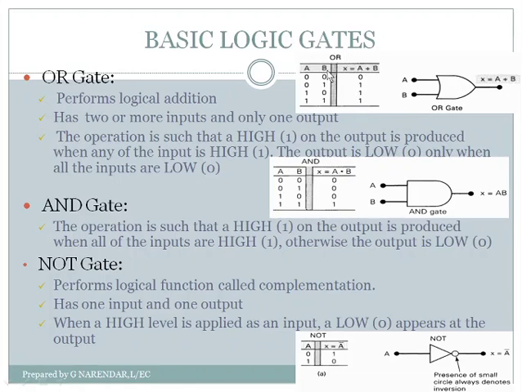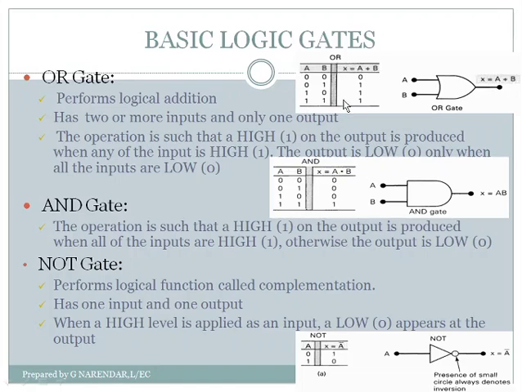So we write the variable names A and B at the top, and at the right side we show the output. Here X is the output variable, and by the Boolean equation, X is equal to A OR B.